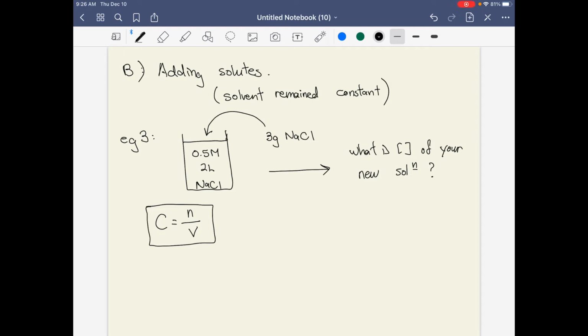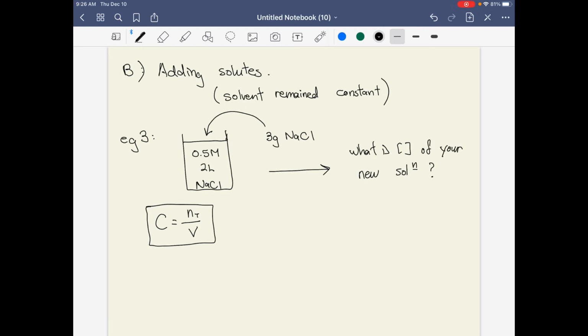We've seen this before. This is the equation to find out what concentration is in molarity by dividing moles by volume. Okay? However, this is not just mole. This is total mole, NT. Okay? The total amount of moles.